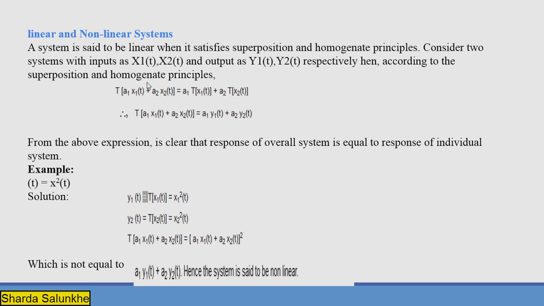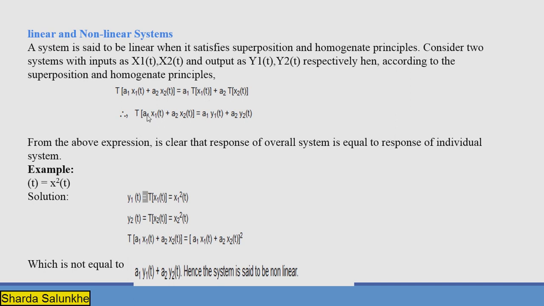Then according to the superposition theorem or homogeneity principle, the transformation of a1 x1 of t plus a2 x2 of t, where t is multiplied in the bracket, is a1 transformation of x1 of t plus a2 transformation of x2 of t.